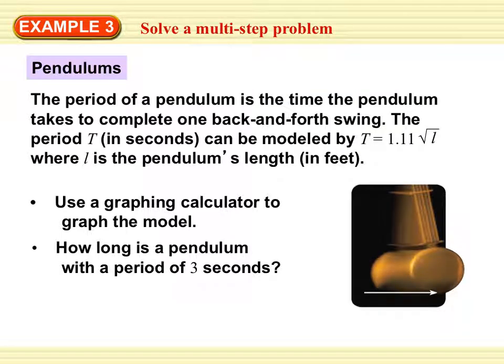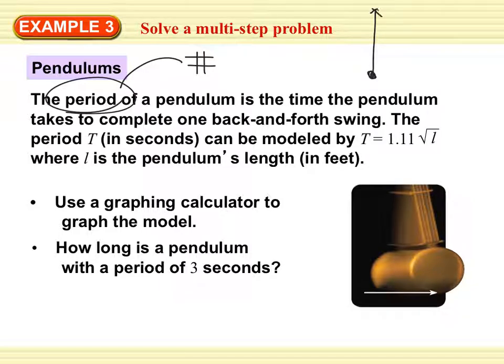The period of a pendulum is the time the pendulum takes to complete one back and forth swing. This is a number. The period t in seconds can be modeled by t equals 1.11 the square root of L, where L is the pendulum's length in feet. Okay, got a clock pendulum, I guess.